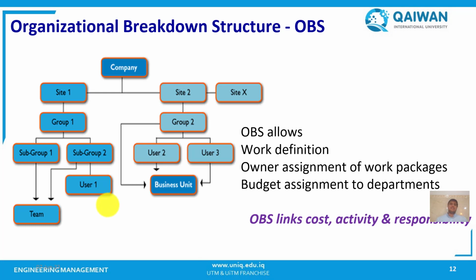This facilitates effective communication, coordination, and decision making across the organization. This is why it is very important. It is sometimes used in conjunction with the work breakdown structure to align the project tasks with appropriate organizational units.